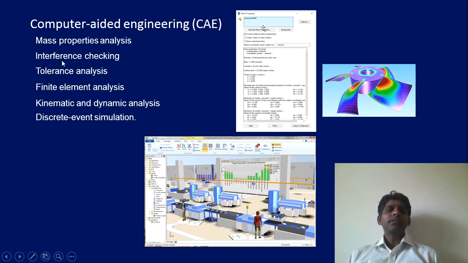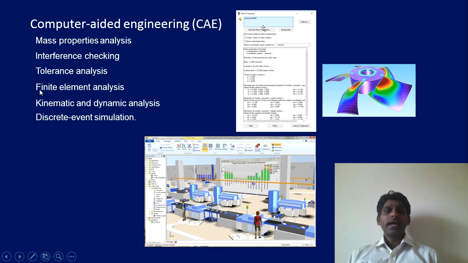Then many a times interference checking is also required, like collision checking. If something is colliding, then it has to be taken care of, especially in gear trains and all. This will be used to check the interference.